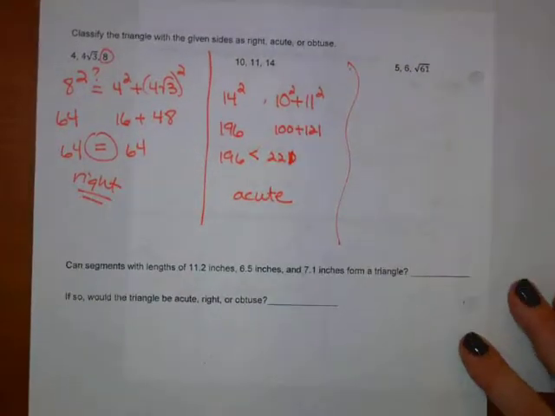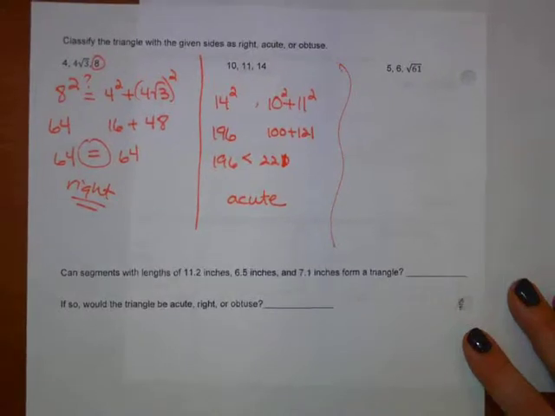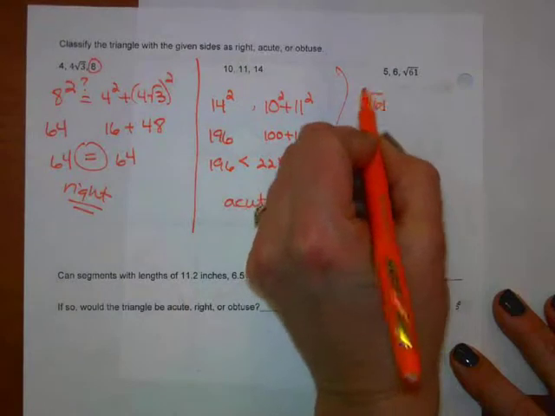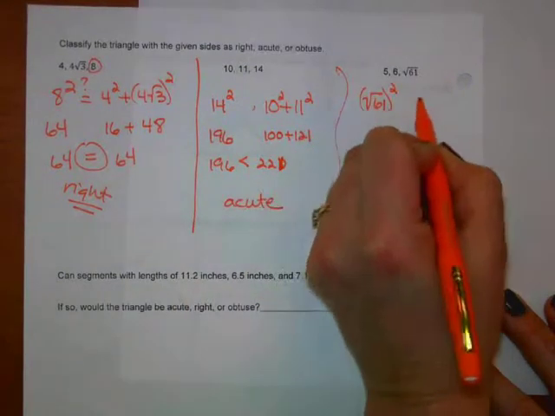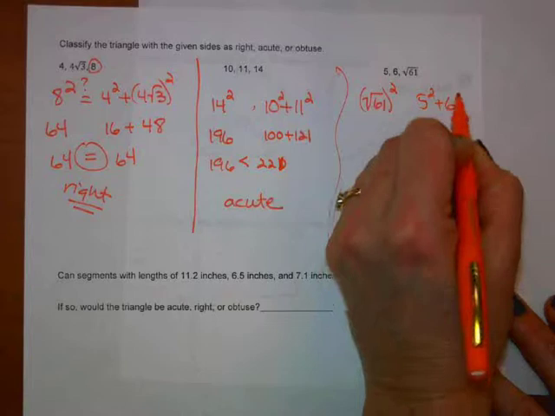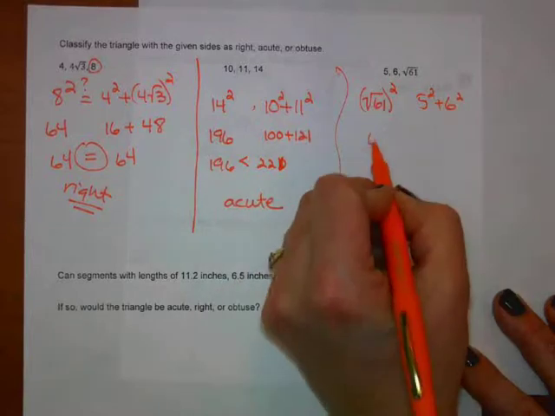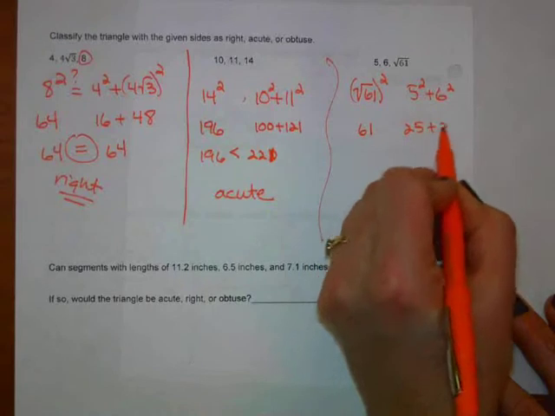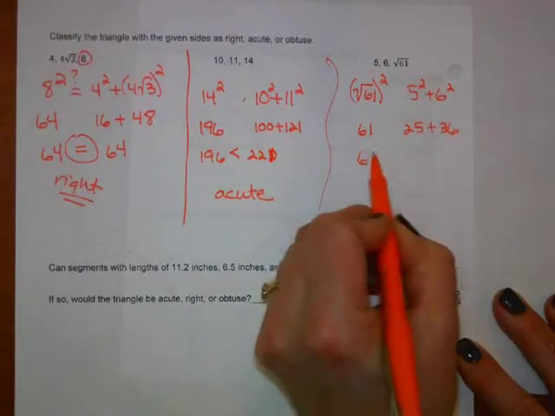All right. I bet you're going to think this is obtuse, aren't you? I think it's straight. That'd be too obvious. Let's just do this. Square root of 61 squared. Let's find out what happens here. This is just 61. 25 plus 36. Oh, what's going to happen here?